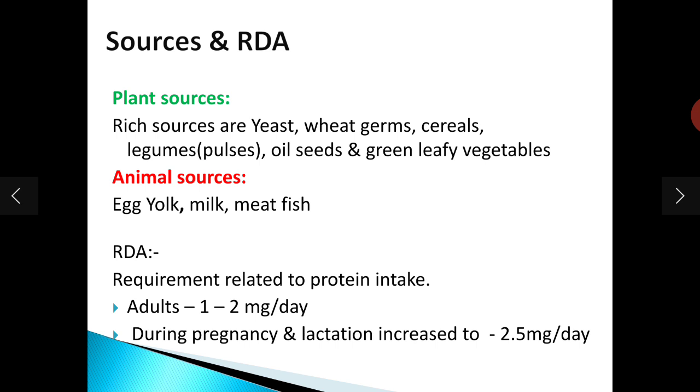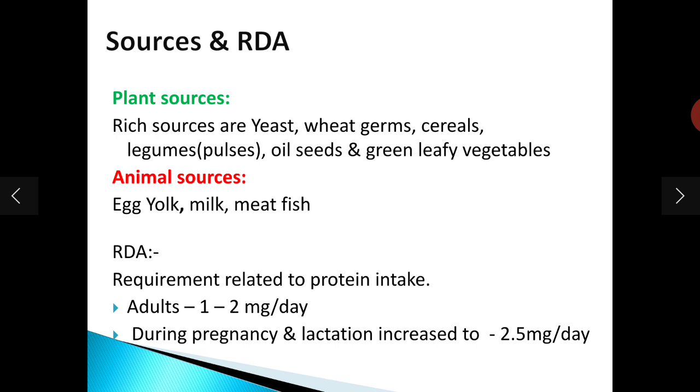Coming to the sources, the rich plant sources are yeast, wheat germ, cereals, legumes, pulses, oil seeds and green leafy vegetables. Animal sources are egg yolk, milk, meat and fish.